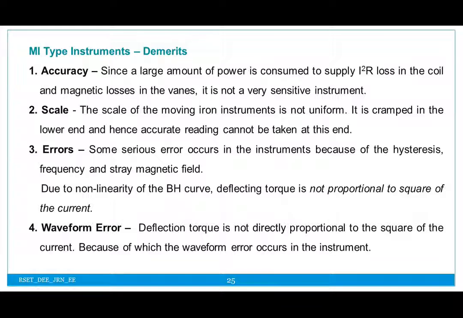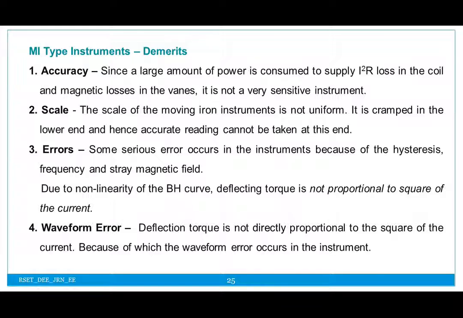Errors: some serious errors occur in the instrument because of hysteresis, frequency and stray magnetic field whenever it is used for AC, due to non-linearity of the BH curve of the electromagnet. Deflecting torque is not directly proportional to the square of the current.